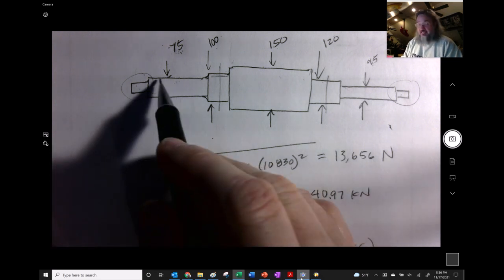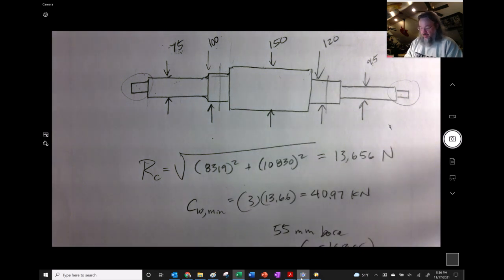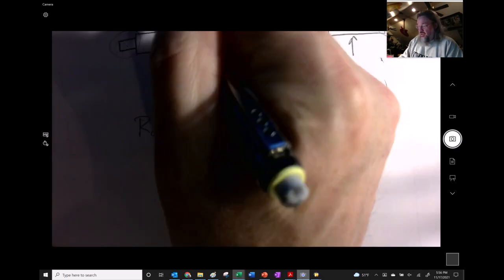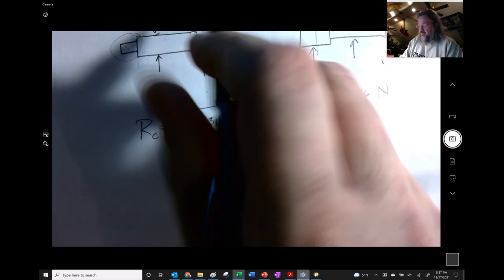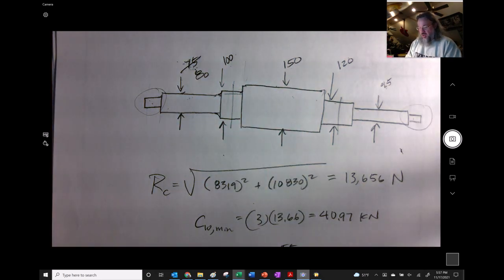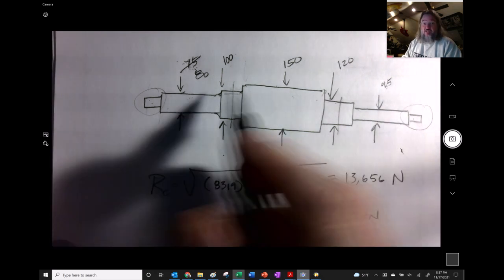Okay, the 80 and the 65 would be okay. What about the 95 and the 65? 1.46. So 65 millimeters is the way to go in here. And we'll adjust that and make that 80. And then we're still okay with our 100 and our 80. Yeah, 1.25.